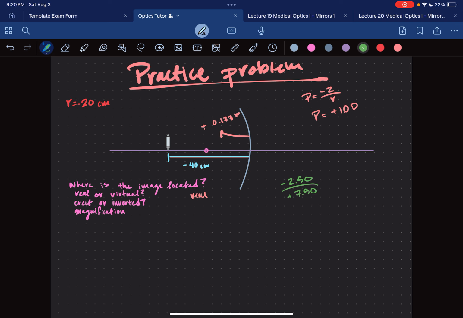And that will give us a magnification of this. So it's minified and it's inverted.